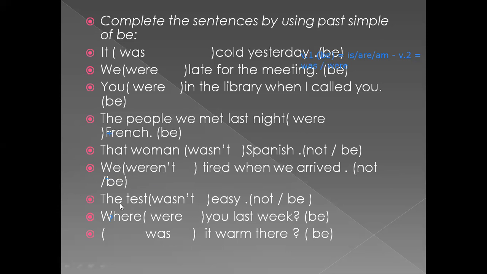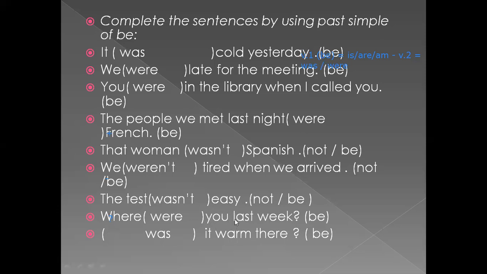The test, which is a singular. Okay, it's not tests, it's a test. So it's a singular subject, so we used was with it and not. The test wasn't easy. And where were you last week? Here we used were because of the subject that I am asking about.